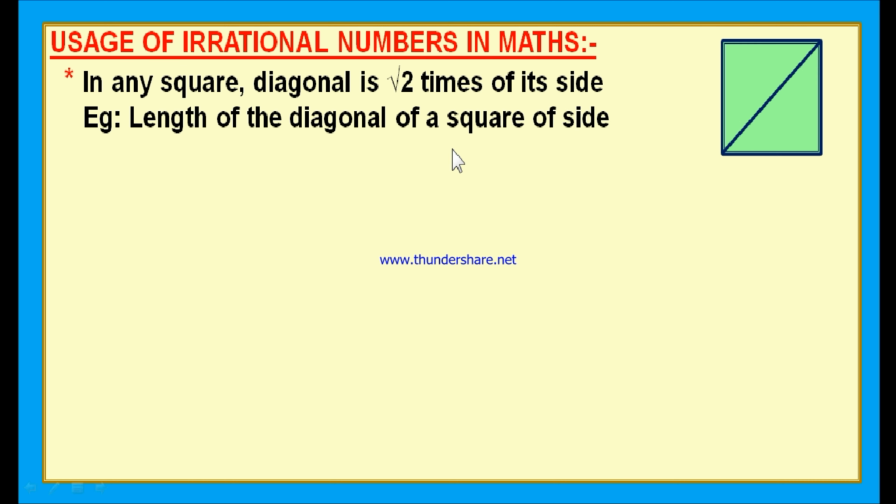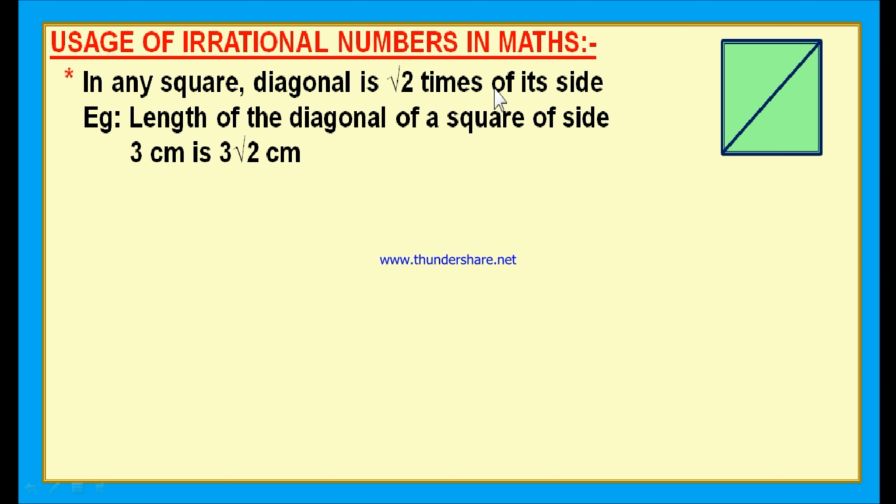Example: the length of the diagonal of a square of side 3 centimeters is 3 root 2 centimeters. We know that the diagonal of a square is root 2 times its side. Root 2 times means root 2 into. Root 2 parts means you have to divide. More means you have to add and less means you have to subtract.